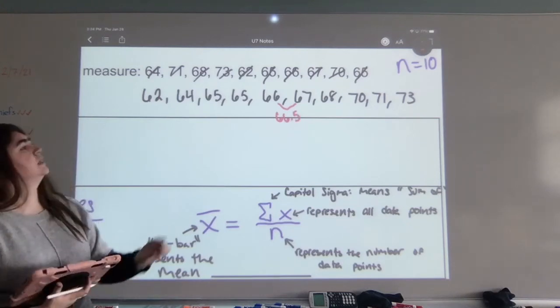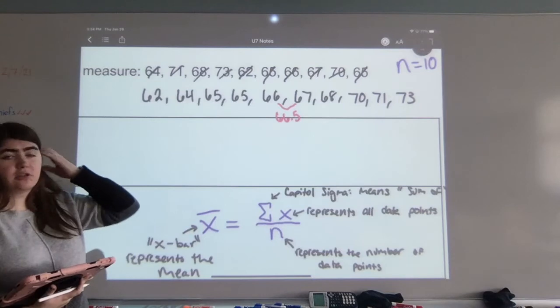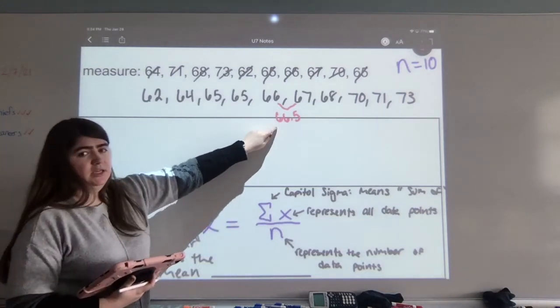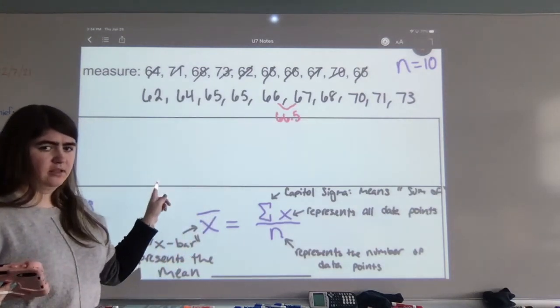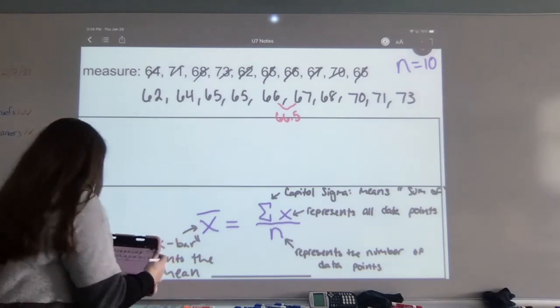That was our median. And when we are calculating Q1, and we're going to do the same thing for Q3 in just a minute, you don't include the median itself. So we're going to do that thing again where we start from the ends and work our way in to find the middle of the bottom half of our data.